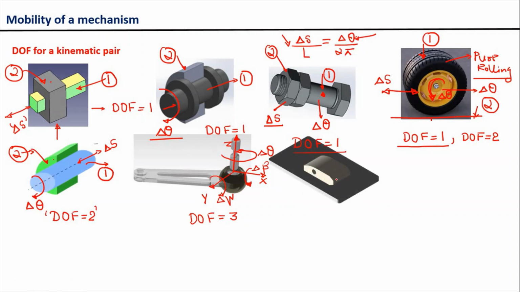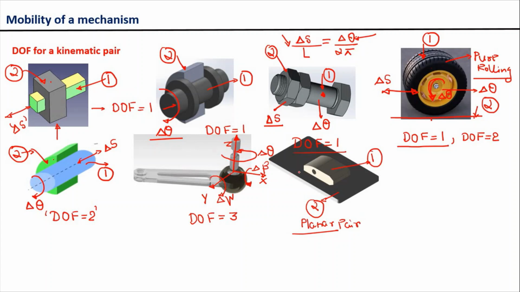Now here you can see a rectangular bar, let us say this is link 1, resting on another rectangular bar. This kind of arrangement is referred to as a planar kinematic pair.